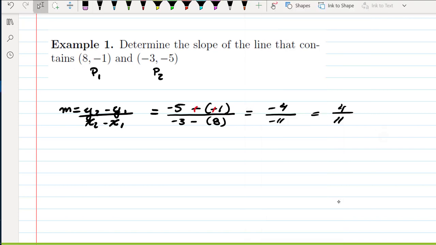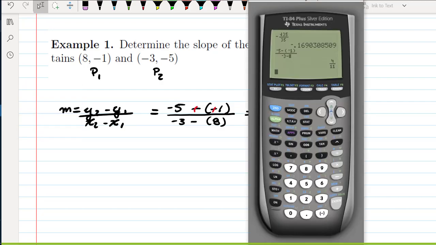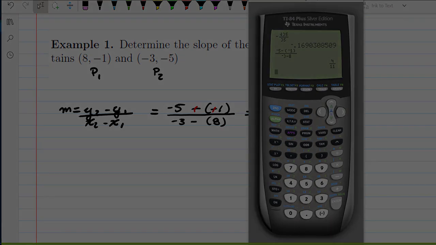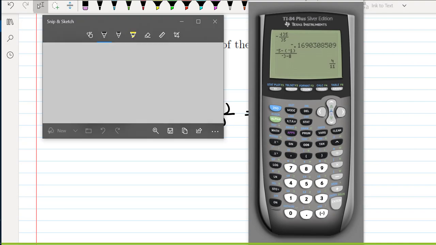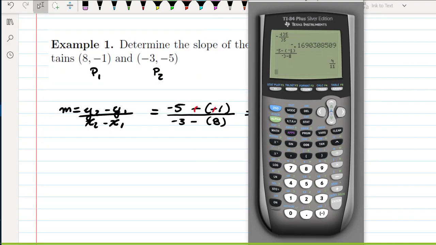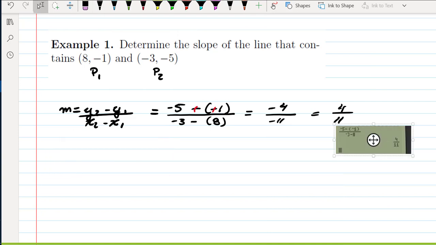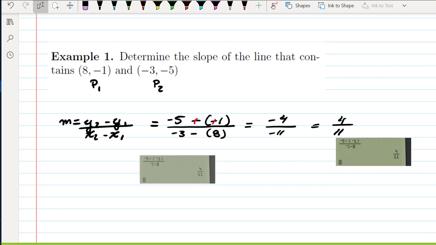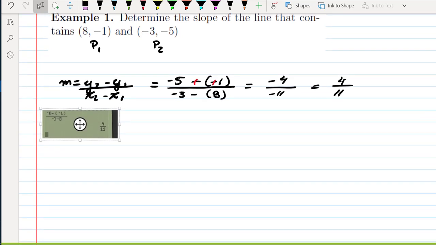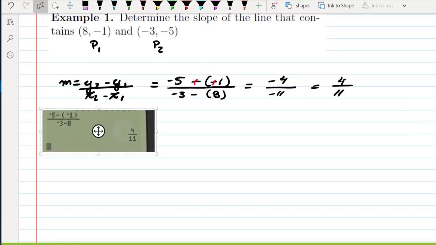And our calculator agrees with my computation that m was 4/11. I know you guys know how to add, subtract, divide, and multiply. We did all of that in a previous class. We have this calculator, so let's make sure that we're using it to make our lives as efficient as possible.